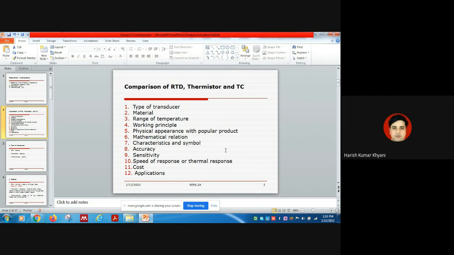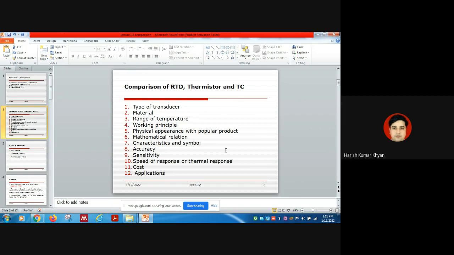Then we will see the range of temperature, because all three devices have a common objective for the measurement of temperature, but their operating range for the temperature is somehow different, right? And looking at the range of temperature, they have different applications even, right?